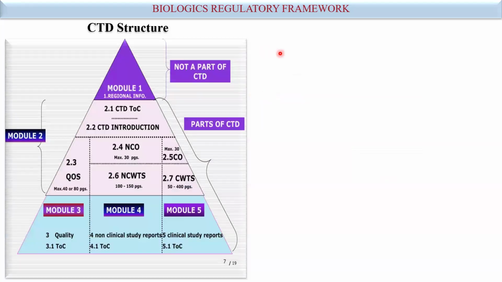Talking about the CTD structure, which I explained in the previous slide, this is the CTD structure introduced by the ICH regions: US, EMA and Japan. They commonly made this format, and the rest of the world can follow a similar path for their submissions. If the agency asks for the CTD format, we should submit in this way. There are certain countries that ask for their own country or region format.